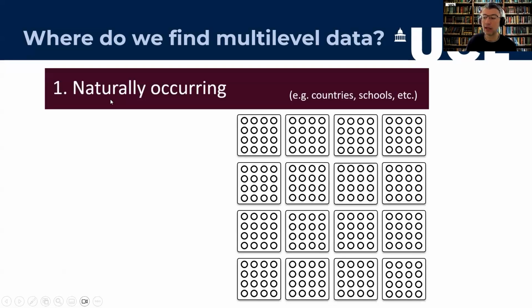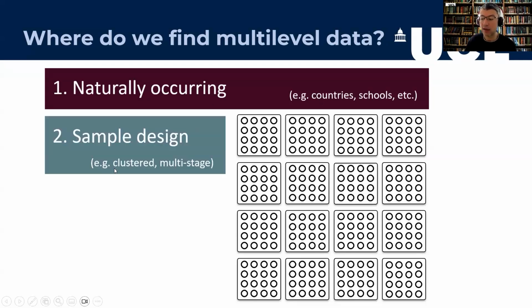And this could be naturally occurring. So you might actually have, like we saw in the example before, pupils who attend schools who are in different areas, who happen to be in different countries, and so forth. So there could be clustering happening at different levels.